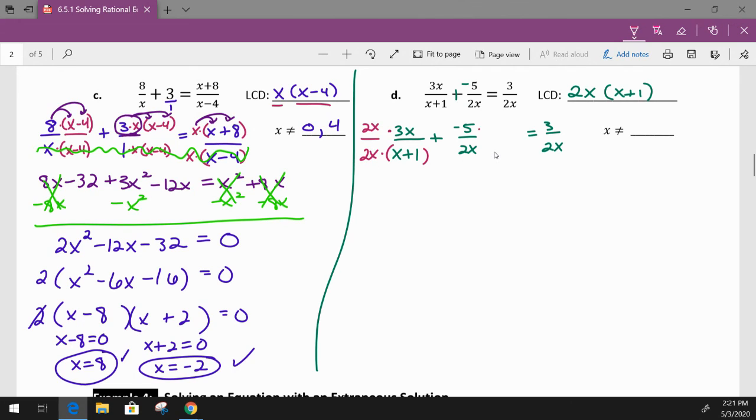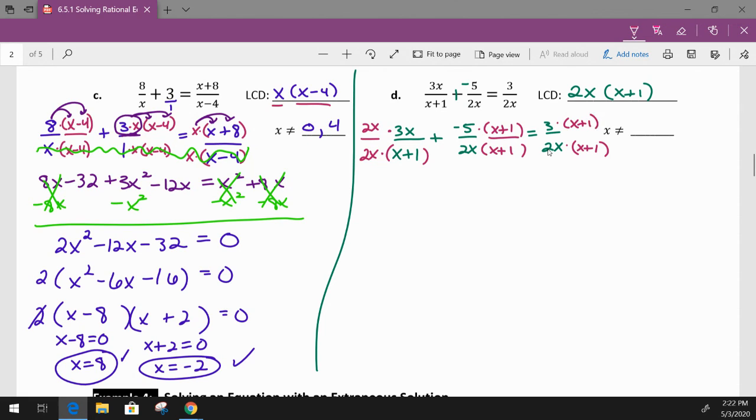The second fraction, which was negative 5 over 2x, since it already has the 2x, we just need to multiply the numerator and denominator. So that's why I left some space there. We already have a 2 and an x, so we need to multiply it by x plus 1. The third fraction already has the 2x in the denominator, so it also just needs to be multiplied by x plus 1.